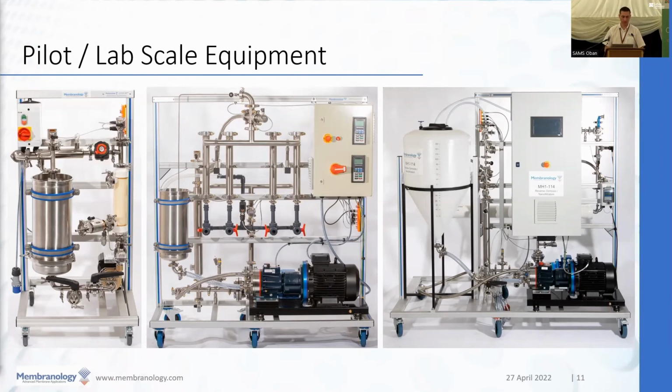The one on the left is a small harvester. The middle one is our development unit. If you're looking for a specific extraction or concentration process, we can screen 4 membranes at the same time with about 10 litres of sample, so we don't need large volumes of material. And the one on the right is the nanofiltration reverse osmosis system, for tight concentration or RO water recovery systems and things like that.